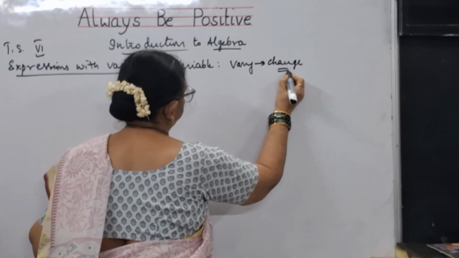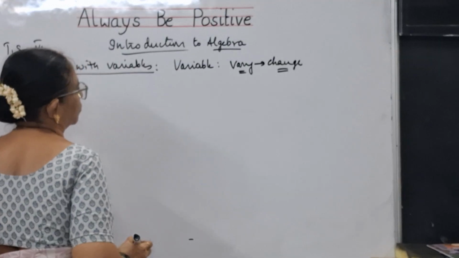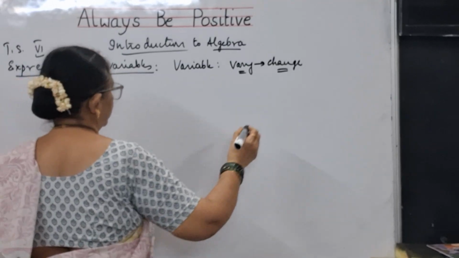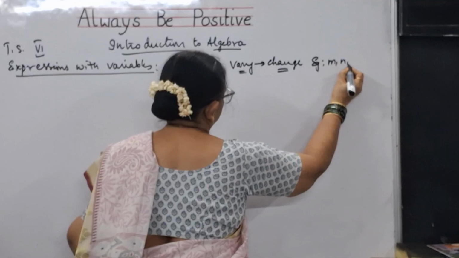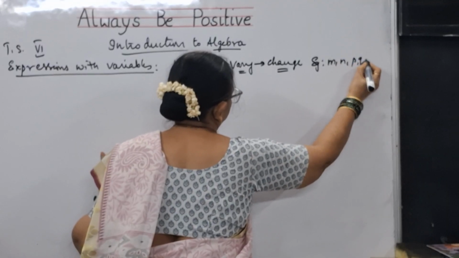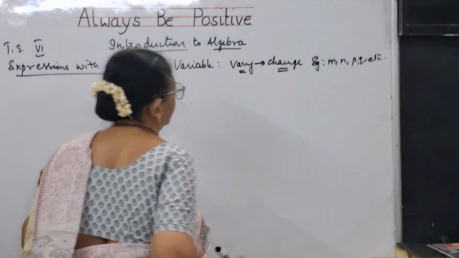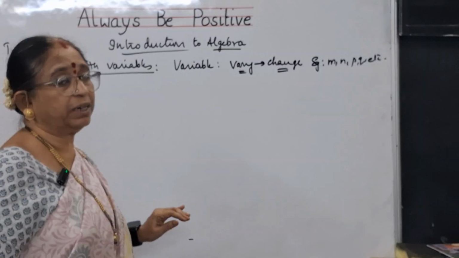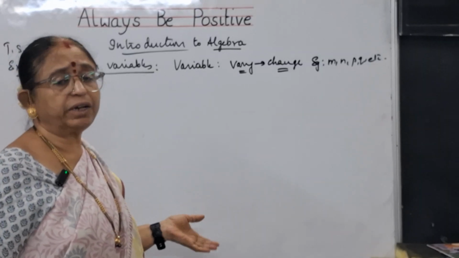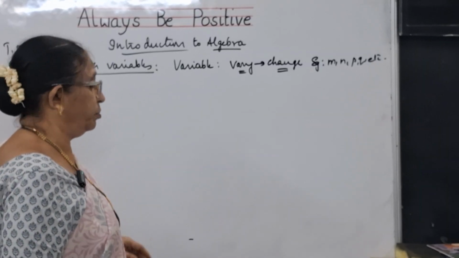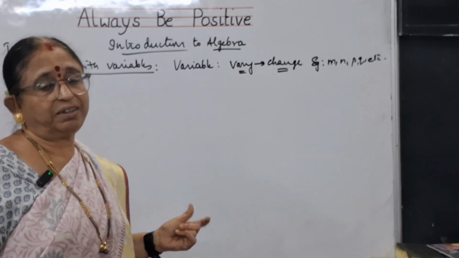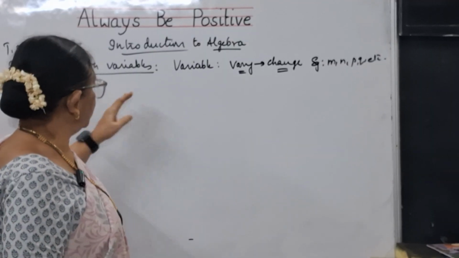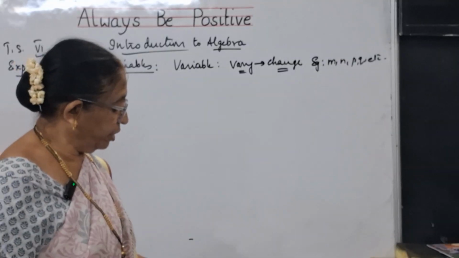The value will be changing. That is called a variable. So usually you will be taking, for example, m, n, p, q, etc. Letters, some letters will be taken. Any letter you can take, that is called a variable, because whenever you are giving some value to it, the answer changes. So since the answer is changing, it is called a variable.